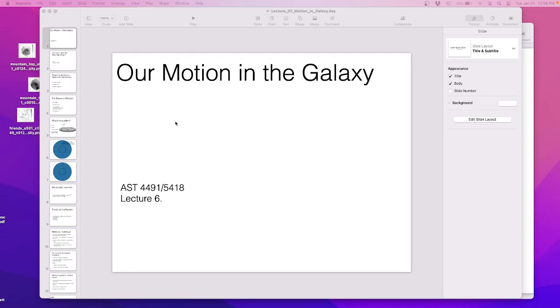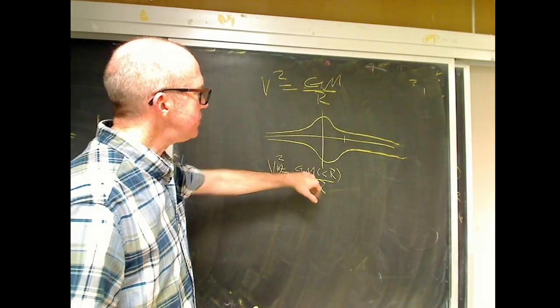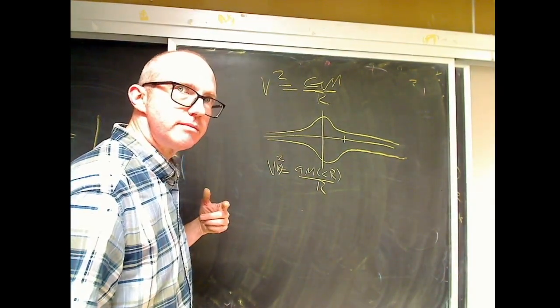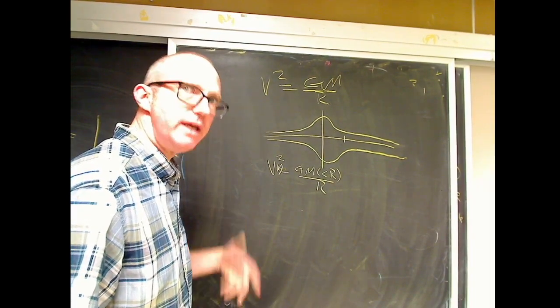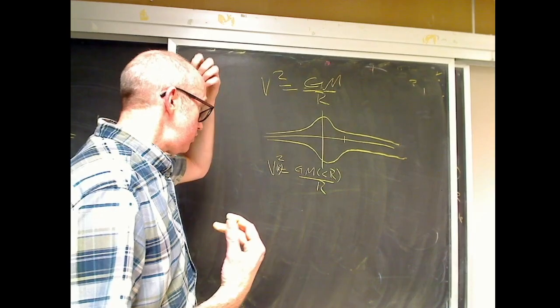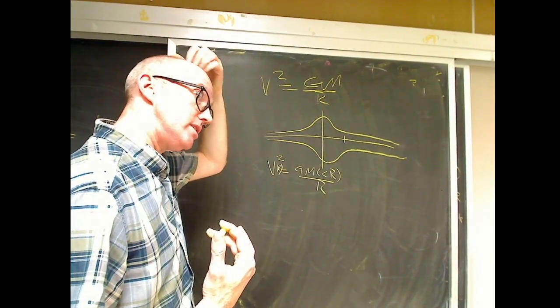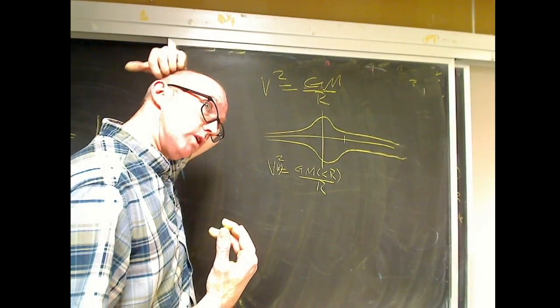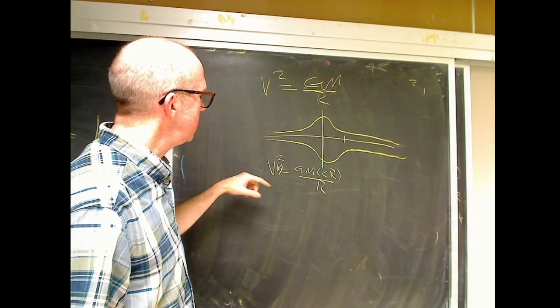So the velocity is proportional to the mass. This is what we call the dynamical mass rather than the luminous mass, because this is about the dynamics of the gas, not how much light I'm seeing from the gas. Now if dark matter isn't really a thing, then this is an approximation that works pretty well but isn't accurate. If dark matter is really a thing, then this is totally accurate.